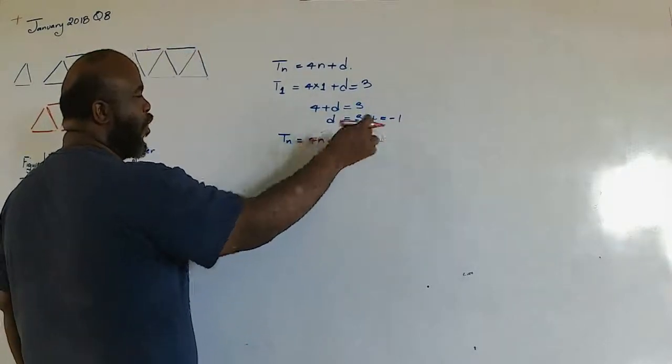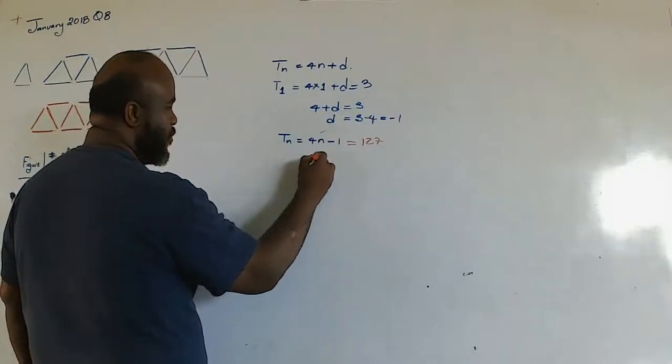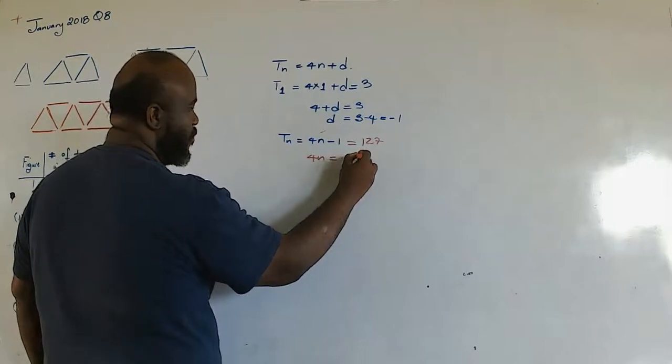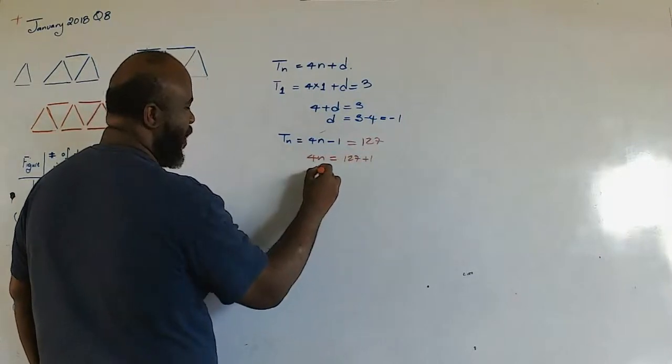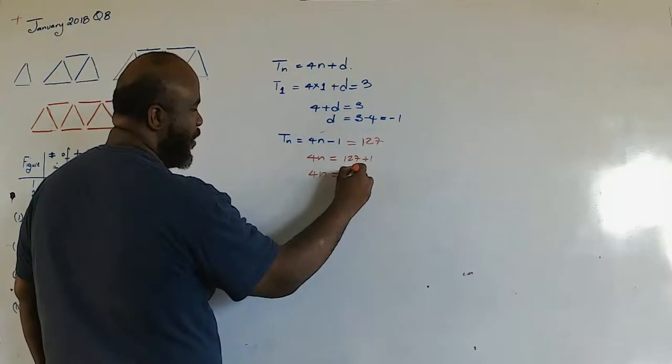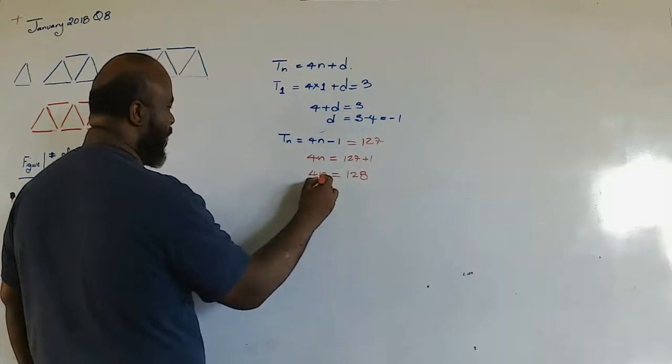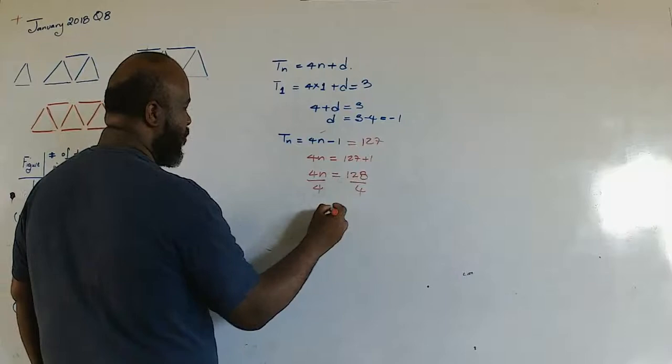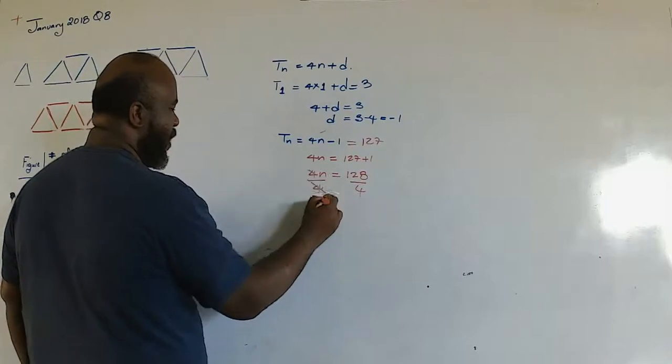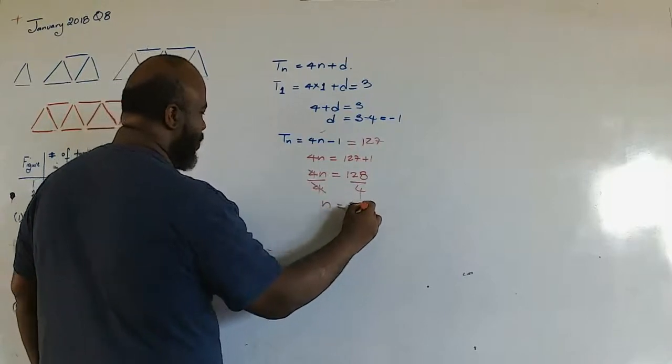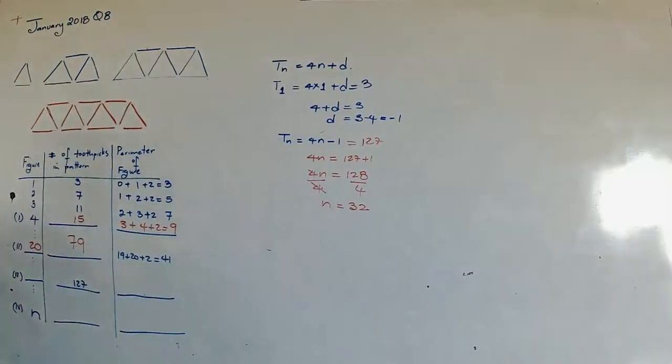Negative 1 goes over and becomes positive, so 4n is equal to 128. Divide both sides by 4. n is equal to 32. Did you get 32?